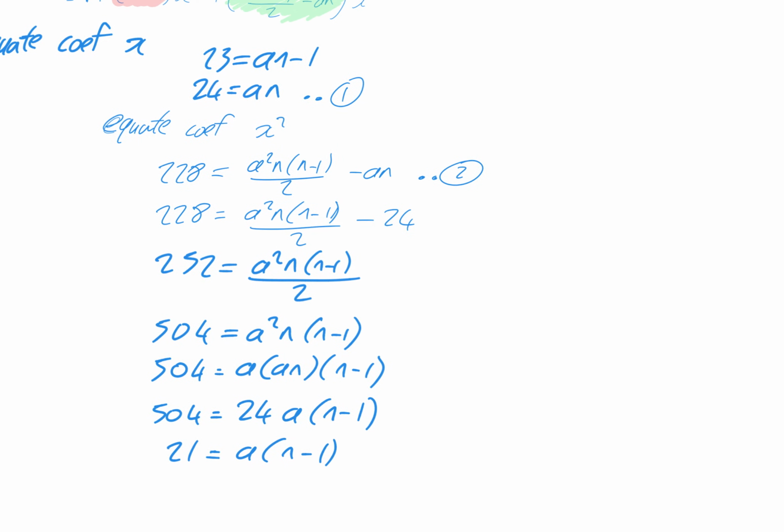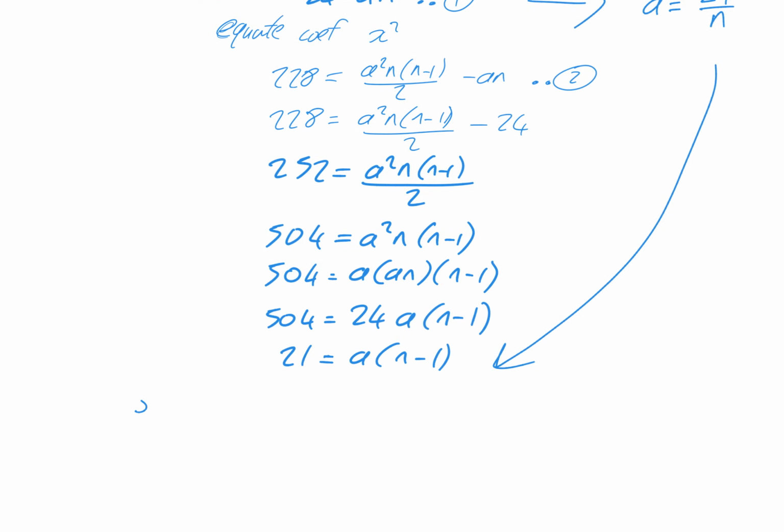We're now going to look at our equation 1 up here. From this, I could write that a times n is equal to 24, so a is equal to 24 over n. We're then going to sub that into this. So 21 is equal to 24 over n times n minus 1.